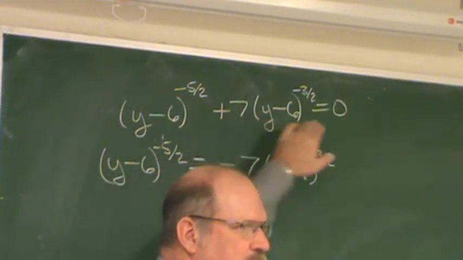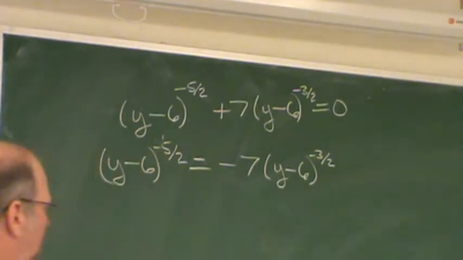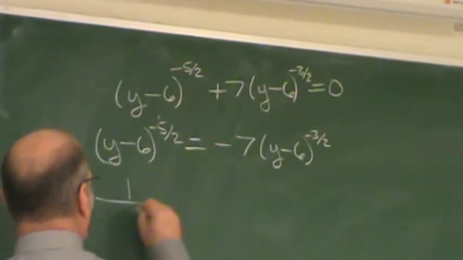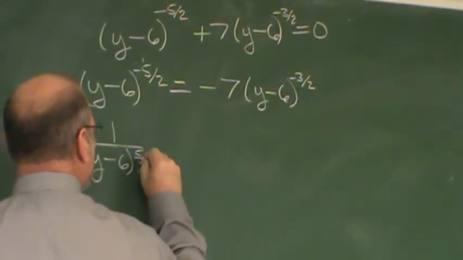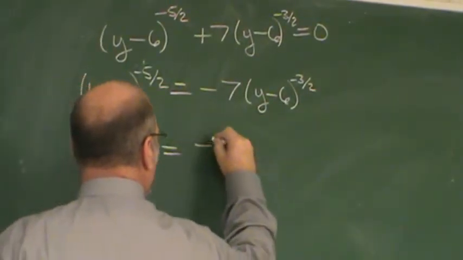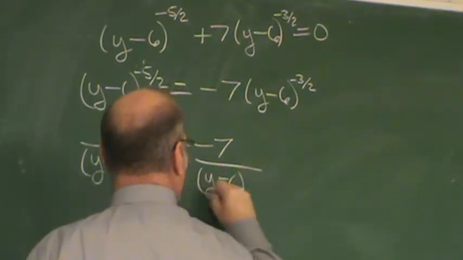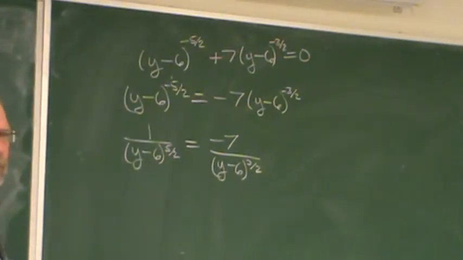In other words, I'm just taking this across the equal sign. Now, I have negative exponents, yes? I want to get rid of them. This turns into 1 over y minus 6 to the 5 halves power equals negative 7 over y minus 6 to the 3 halves power.